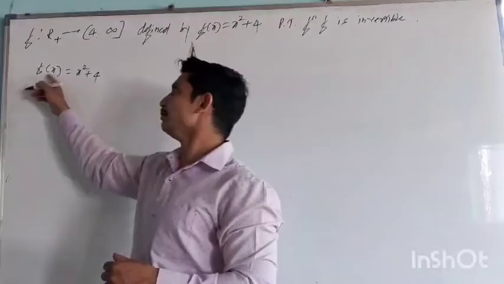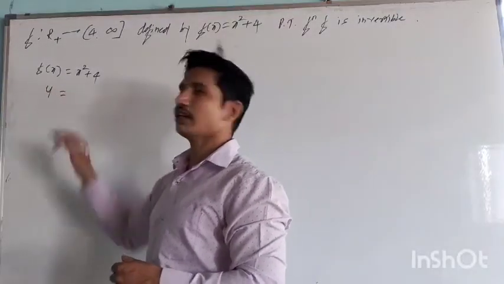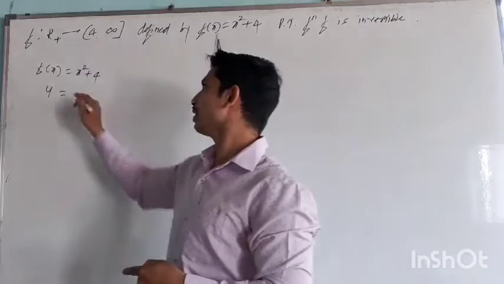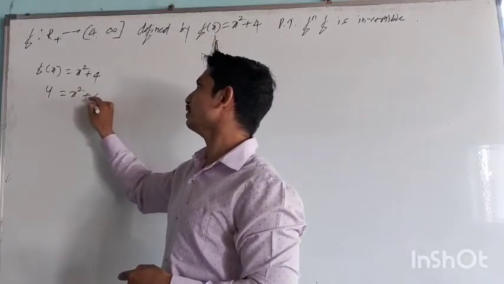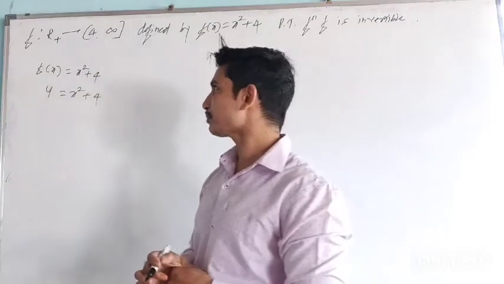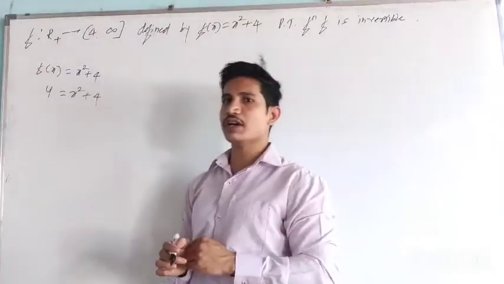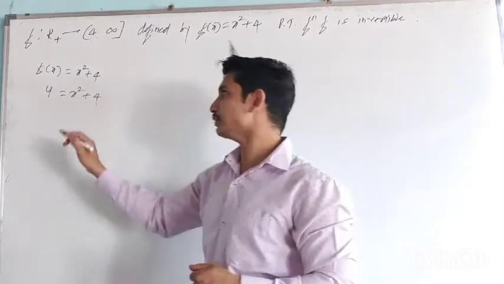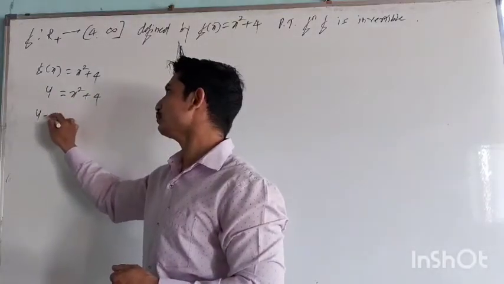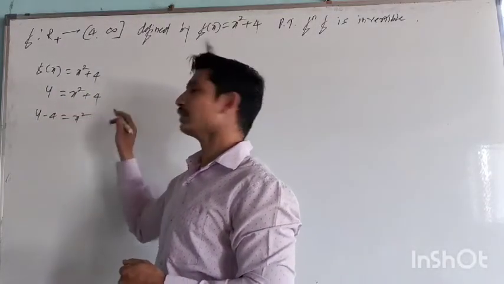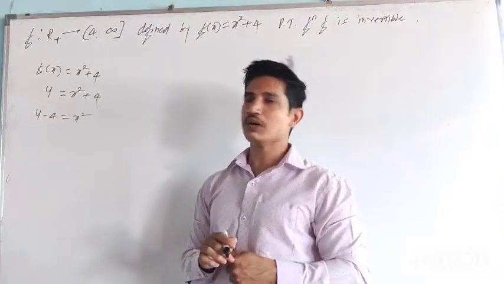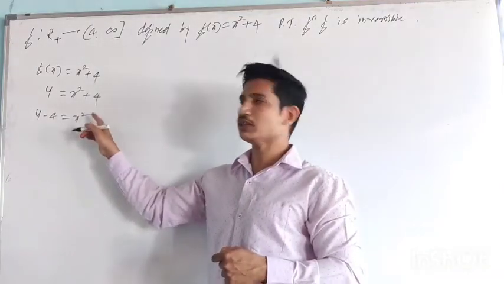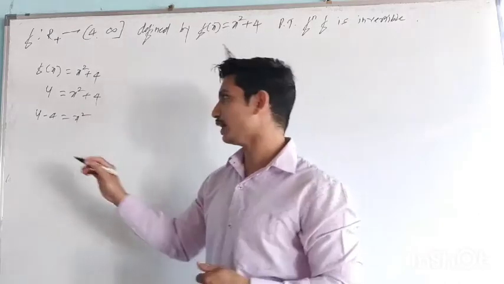Now in the same step, take f of x as y. So y is equal to x square plus 4. Now we are finding the value of x. So transfer plus 4 to this side as minus 4. So y minus 4 is equal to x square. Now we want the value of x, so take the square root on both sides.